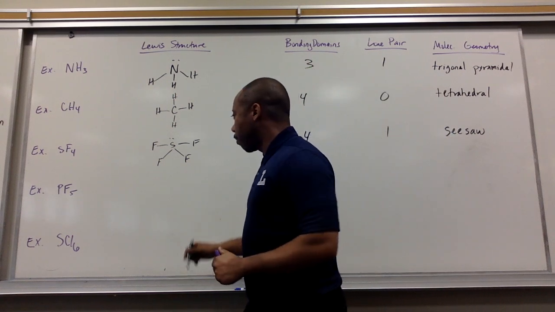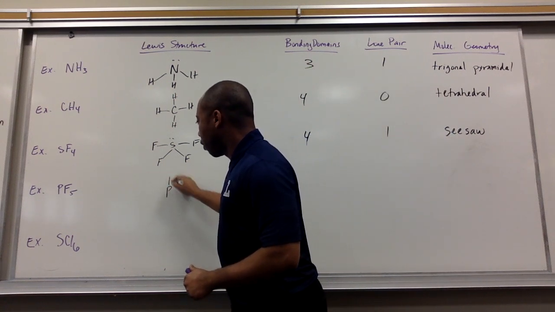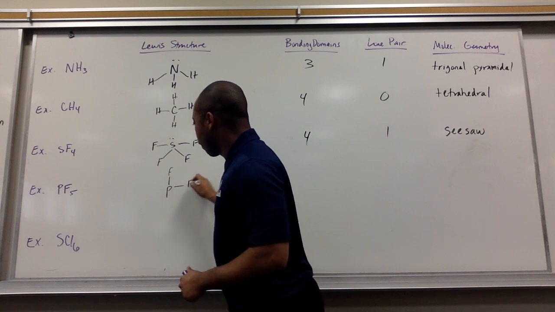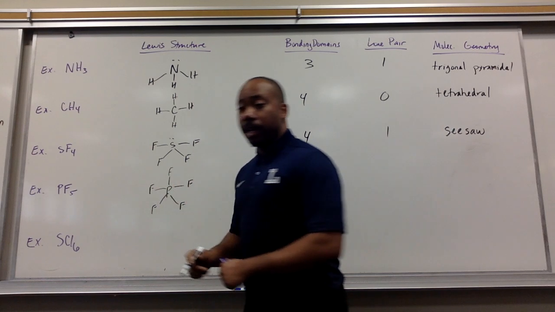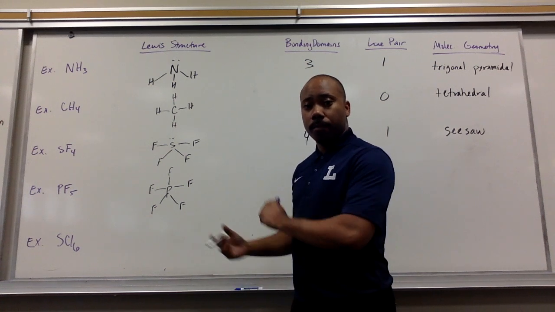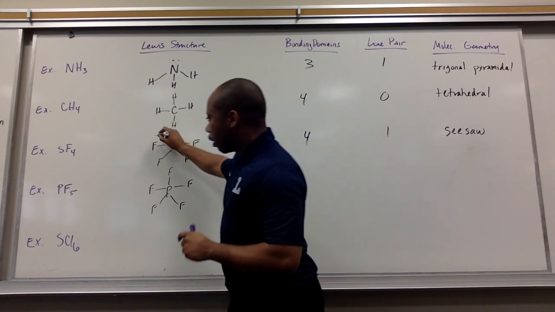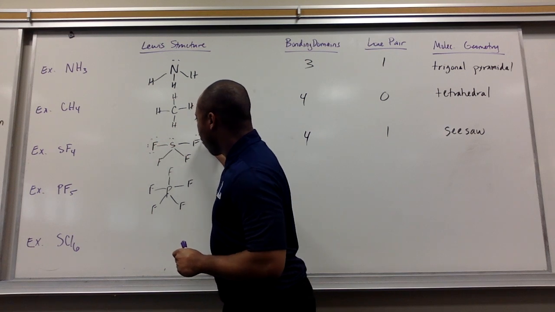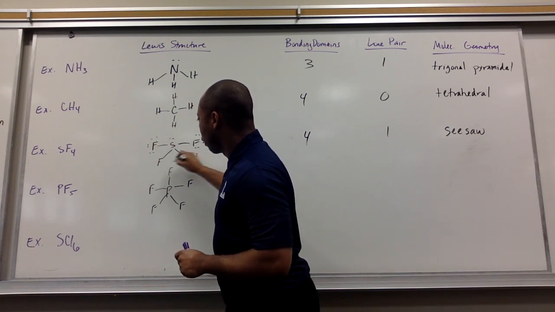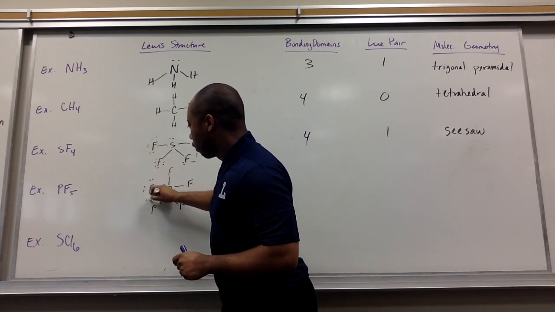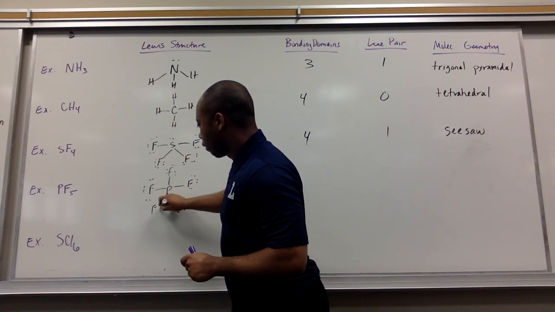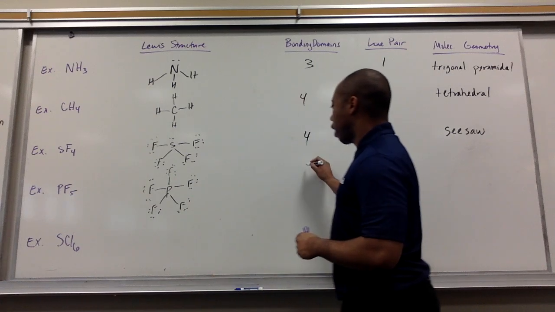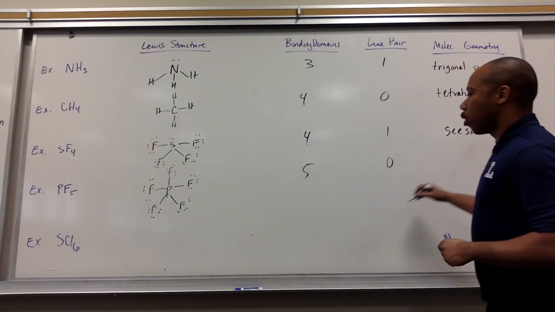Now, PF5 is an example that we've done in class before. Phosphorus being able to expand its octet would make this geometry. And excuse me, I didn't draw all my lone pair electrons here. This would have 5 bonding domains, 0 lone pair.